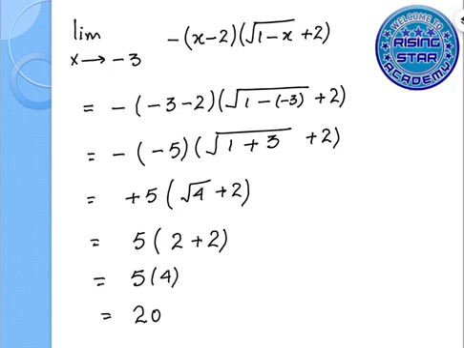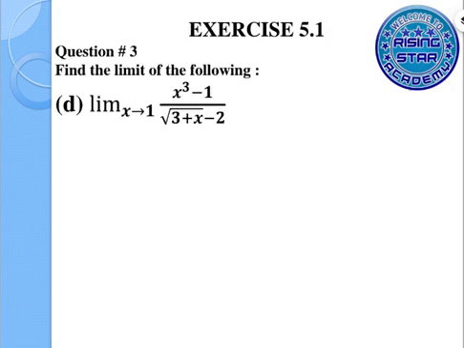Now we'll move to the next part. In part D, when we put x equals 1, the answer would again come in 0 by 0 form. So we will factorize it and then rationalize.